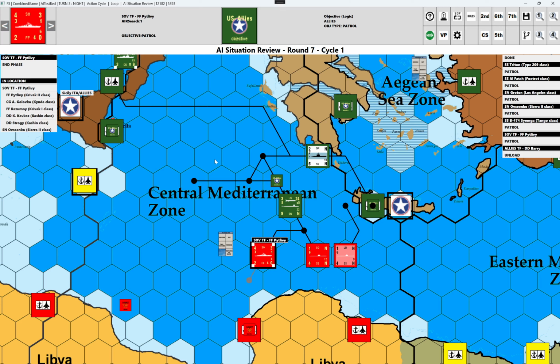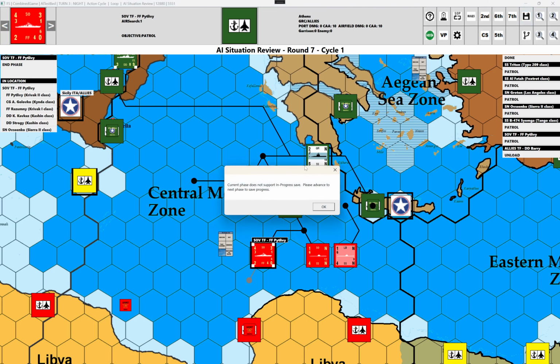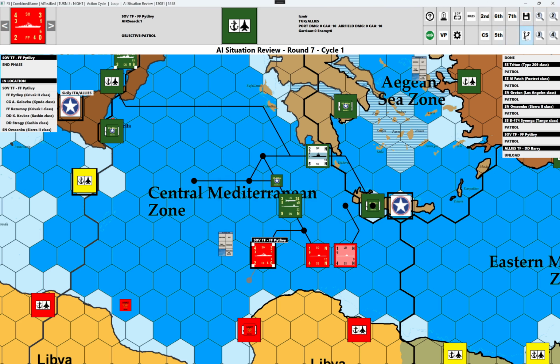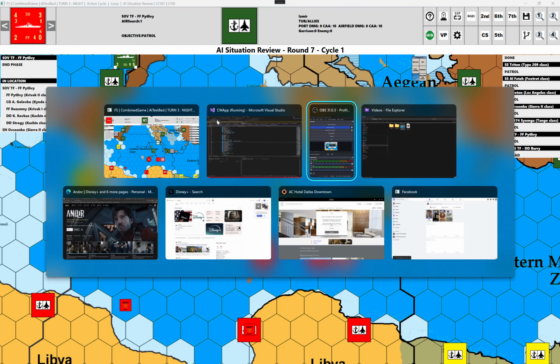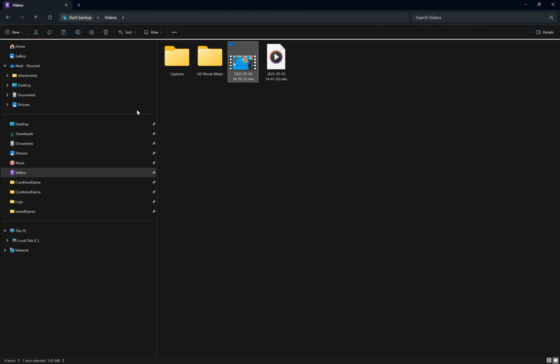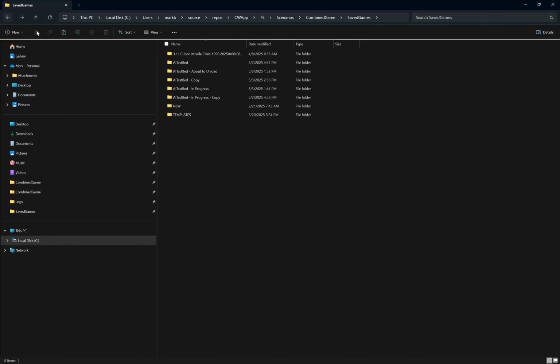Thankfully now I have a nice save. In fact, I'm going to save this so that I have a way of testing. Oh, it's automatically saved. Okay. So I'm going to go over here and copy this one. This is the one we're playing. I'm just going to copy this over here and leave it like that.